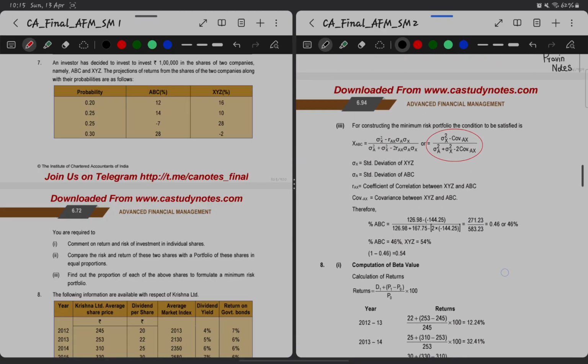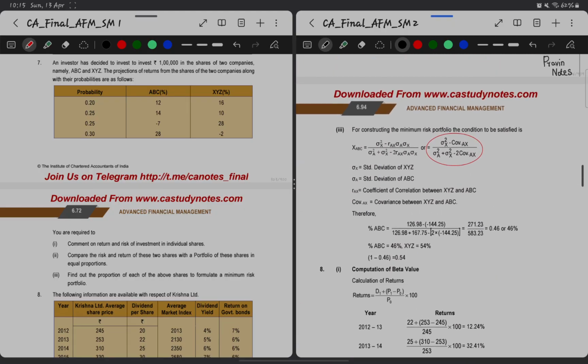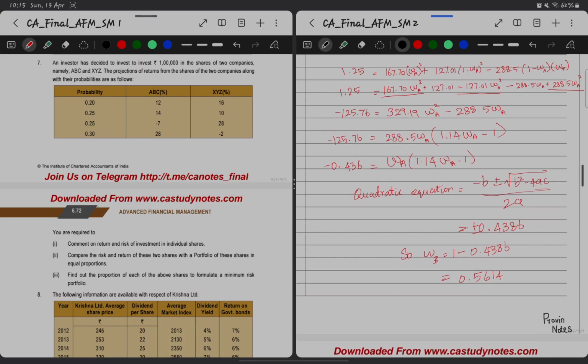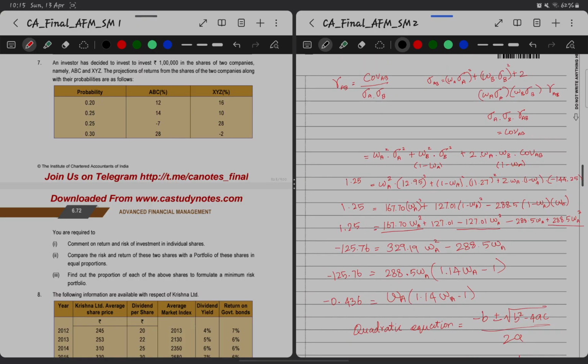Now the third requirement: find out the proportion of each of the above shares to formulate a minimum risk portfolio. So we can simply do a reverse calculation also.